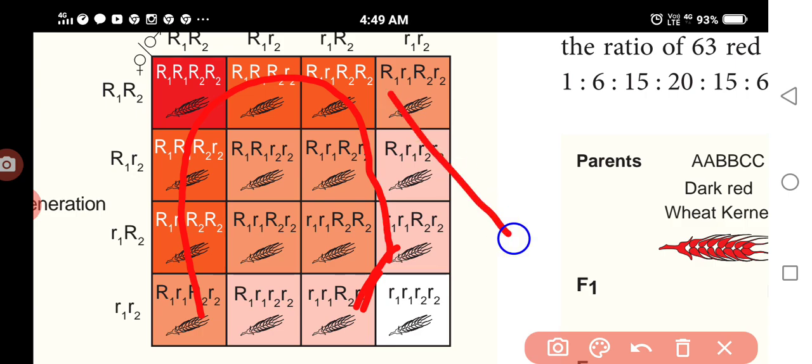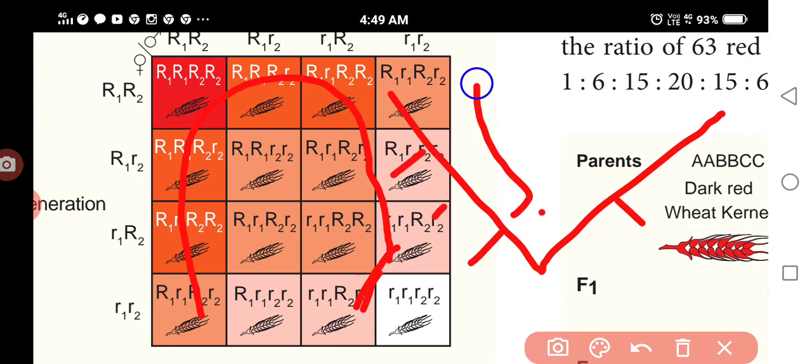You have to plot a graph, a bell shaped curve. The bell shaped curve represents the distribution of the phenotypes. For example, height and skin color of human beings are controlled by three pairs of genes.